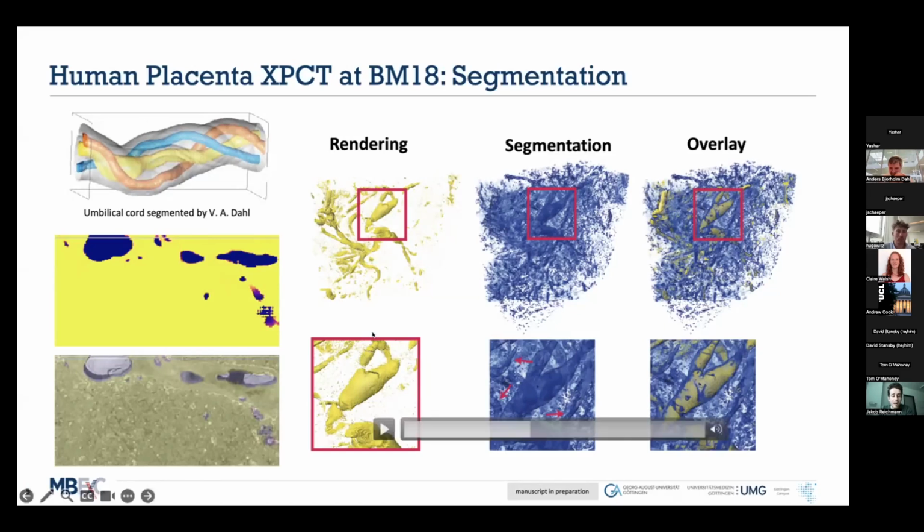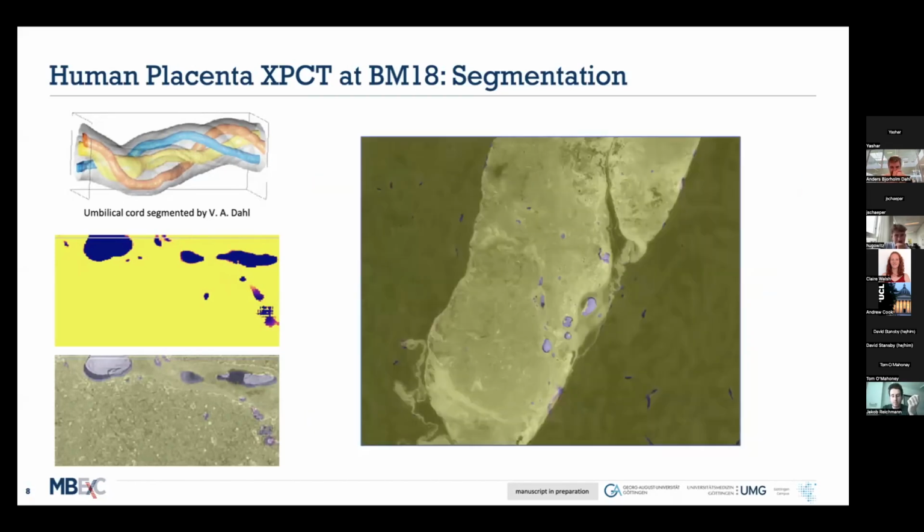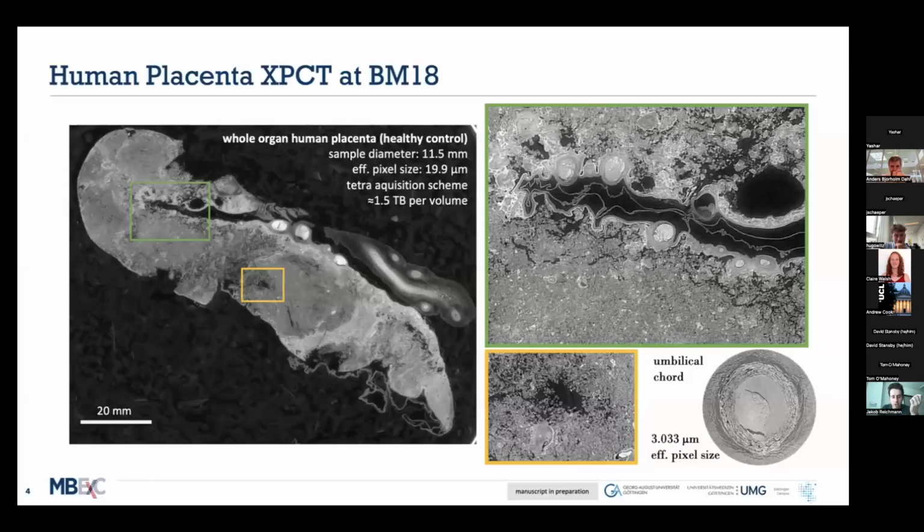And this comes from the fact that the blood in your placenta is actually clotted, so this blood gives you very strong contrast. But at the points where it gets thinner and thinner, the clotted blood actually ceases to exist. So you have dark regions instead of very strong regions like you can see here.